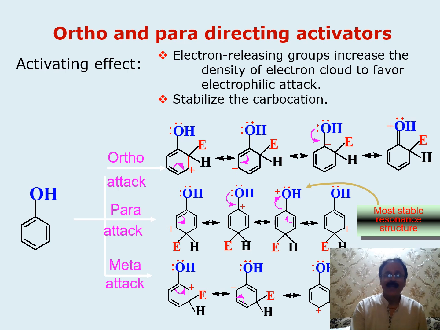And in case of meta attack there are only three structures. So if electron releasing group is present on the benzene ring, then the carbocation formed by the attack of electrophile on ortho and para position is more stable than attack on the meta position. As a result, electrophile mainly goes to either ortho or para position, therefore we say that electron releasing groups are ortho para directing.